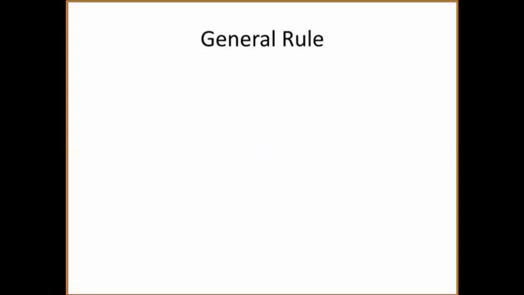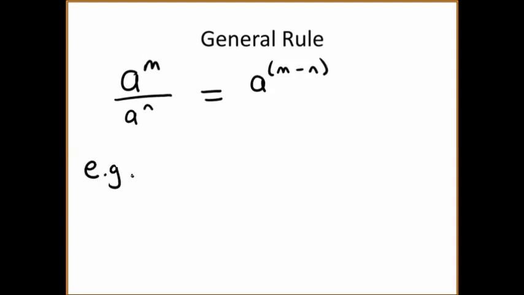Our general rule states that we have expression a to the power of m divided by a to the power of n. This is equal to a to the power of m minus n. To give an example of this, it could be a to the power of 100 divided by a to the power of 8.